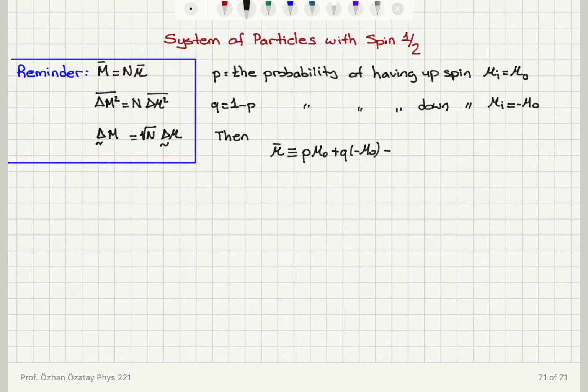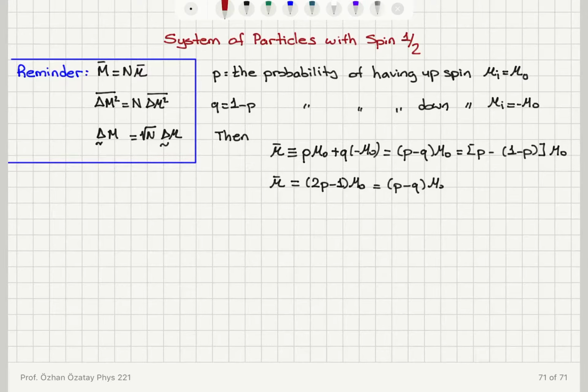So the answer will be P minus Q times mu sub 0, and because Q is equal to 1 minus P, I can also write this as P minus (1 minus P) times mu 0. So I would find that mu bar is equal to (2P minus 1) mu 0. So I can write it this way, or I can write it this way, P minus Q mu 0. They're the same thing.